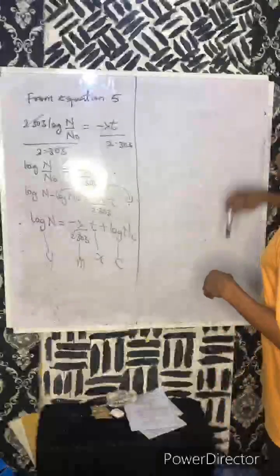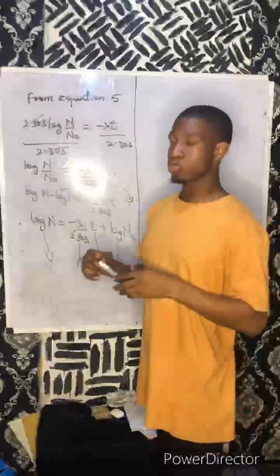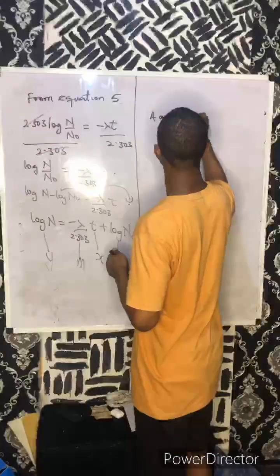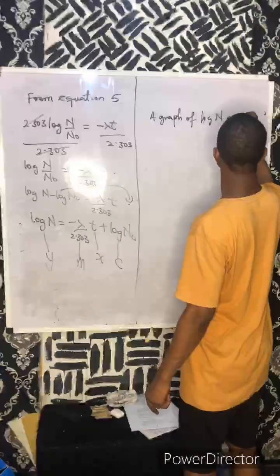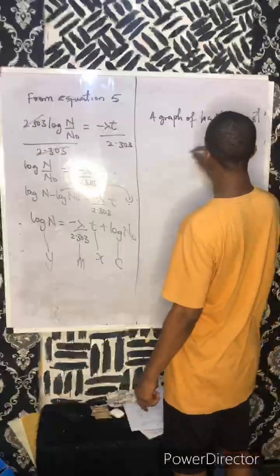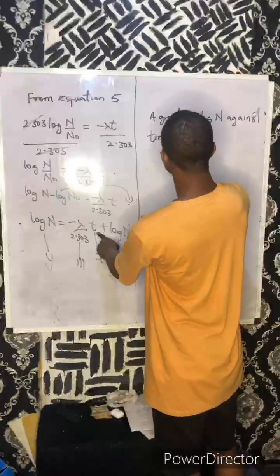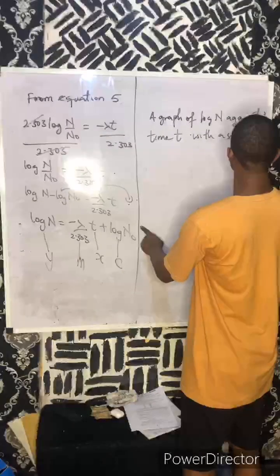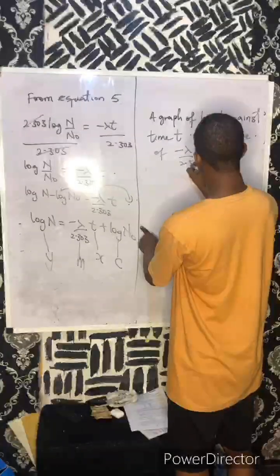Are we there? So I can now say that a radioactive graph, please take note, is always a graph of log n against time t with a slope of minus lambda over 2.303.